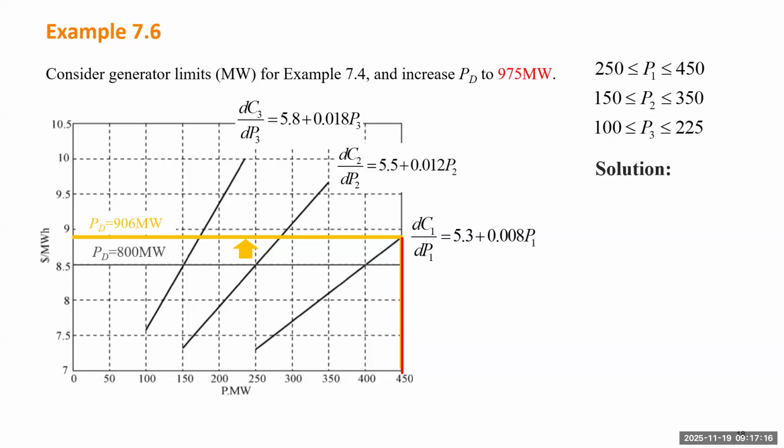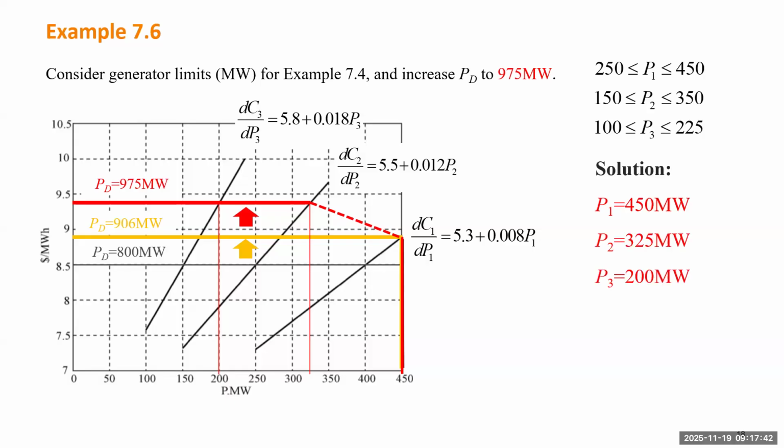Unit 1 reached the limit, but it still operates at exactly the same incremental cost. But if you further increase to the target load 975, unit 1 will stop at 450, and the other 2 units will continue to increase, and the 2 intersection points, together with the 450 for unit 1, will still give you the final load.